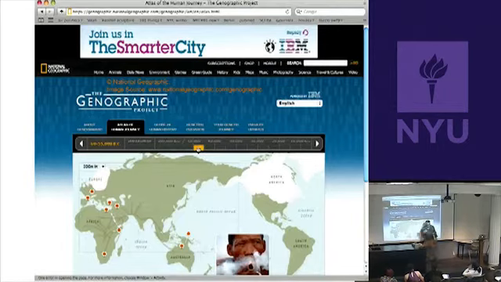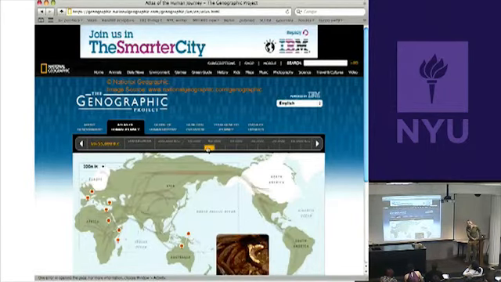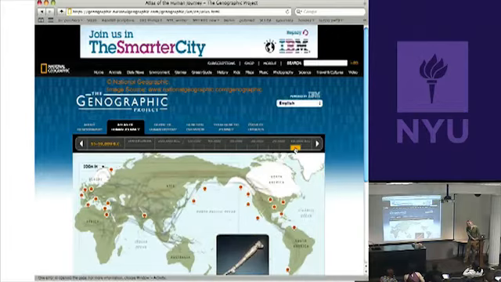If you click further, then the map gets more complicated. Just 5,000 years later, you see the map expanding. If you go all the way towards the present, you can see the more complex migrations that happen, because they're not just a spreading, but there's migrations and then remigrations and migrations back, and it all starts to get really complicated.